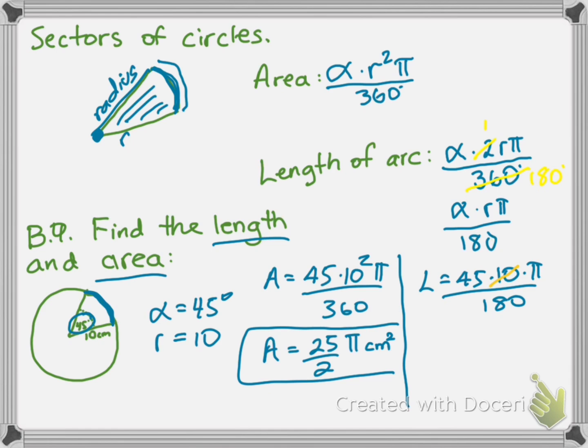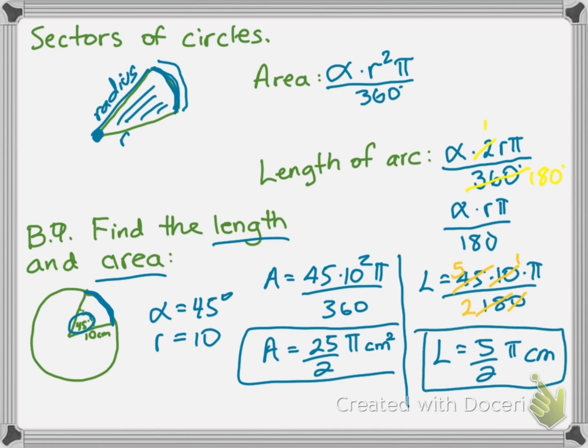For example, I can divide by 10, and I can divide by 10, so I have 18. Then I can divide by 9, and that would be 5. And if I divide here by 9, that's going to be 2. So the answer of that exercise is going to be 5 halves pi. And in this case, it's just linear, so it's centimeters.